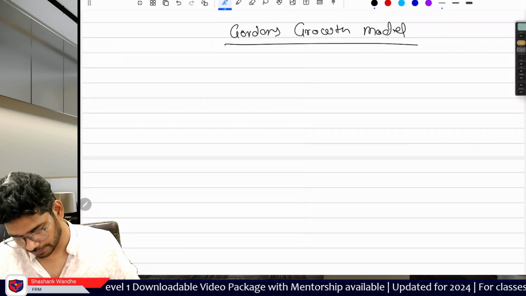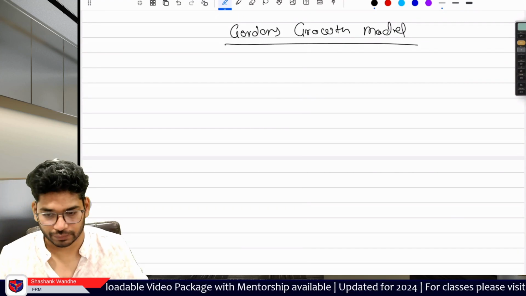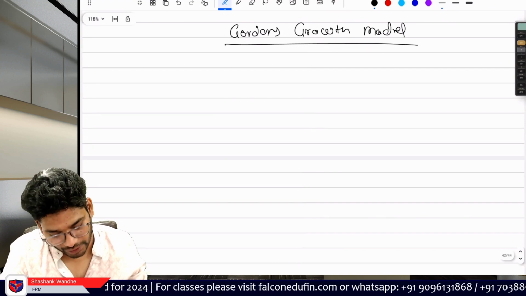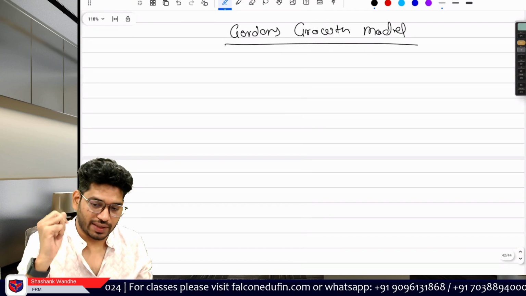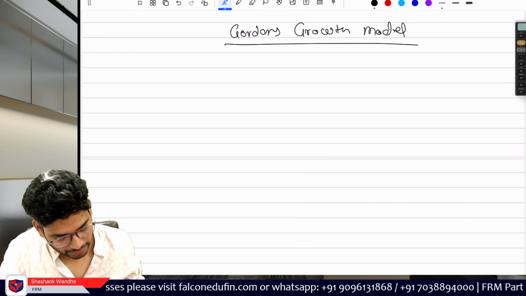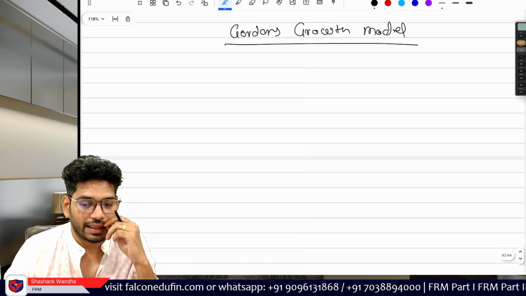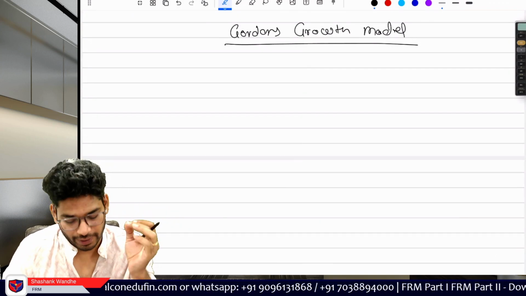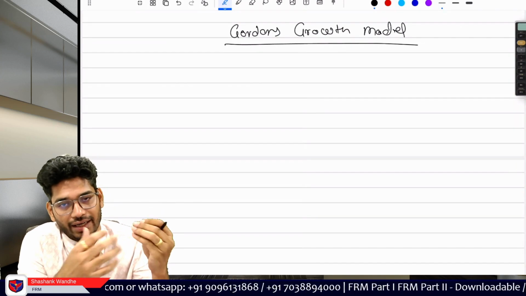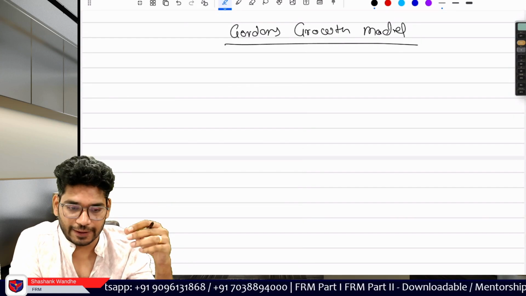Gordon's growth model. Now in Gordon's growth model, what happens? Just understand this. Earlier in the same video, we discussed the dividend discount model, right? Dividends are there at the time of T1, T2, T3 and so on, and we are discounting them.